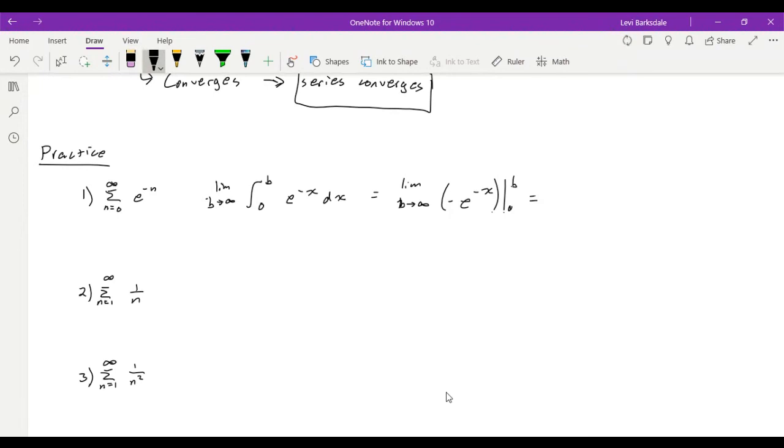The limit as b goes to positive infinity of minus e to the negative infinity is 0, so then you would have minus negative 1, which gives us positive 1, and that tells us that our series must converge.